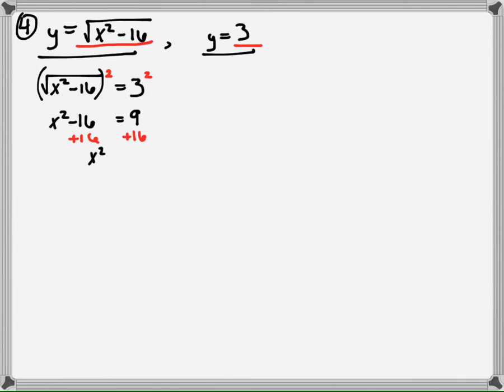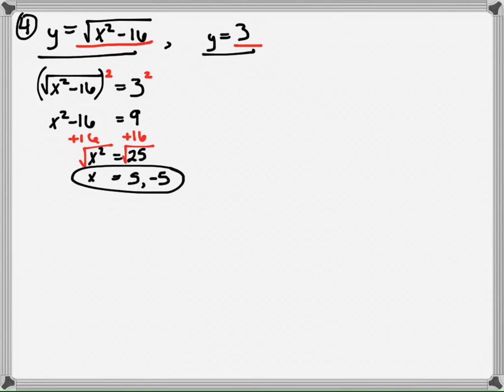And we have x squared is equal to 25. So what this is asking me is, what number can I multiply times itself to get 25? Well, that means to solve this, I need to take the square root. And that's 5, because 5 times 5 is 25. But it's also negative 5, because negative 5 times negative 5 is 25. So this one has 2 solutions.